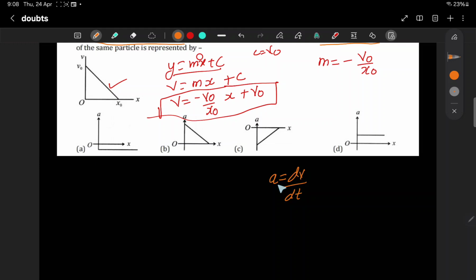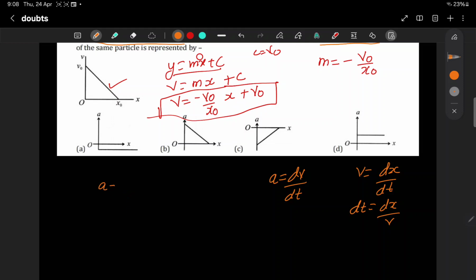But here we don't have time. So instead, what I can write is: velocity is equal to dx by dt. So here I can write dt in terms of dx by v. With that I can eliminate this dt, because I don't have t as a variable here.